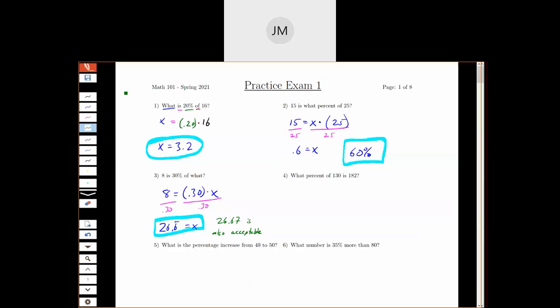All right. The next one, what percent? So that's my x. Percent of means multiply. 130 means equals 182. Okay. So now I'm going to divide both sides by 130 to get my variable by itself.